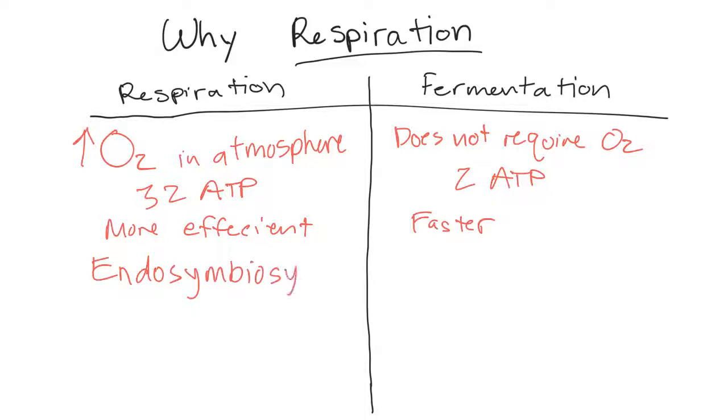So endosymbiosis had to occur in order for eukaryotic cellular respiration. Whereas fermentation can be done in all organisms, including eukaryotes, right? So it's a simpler process.